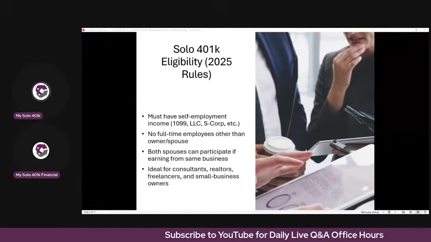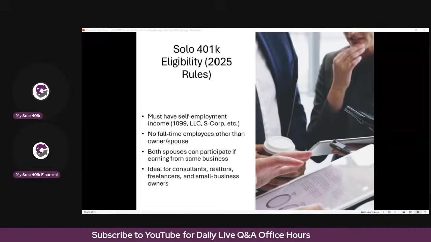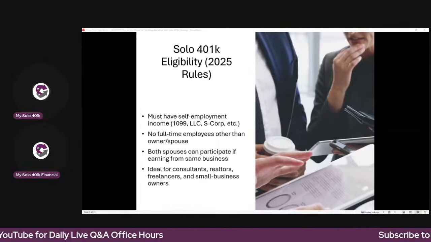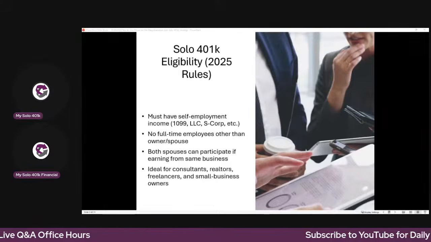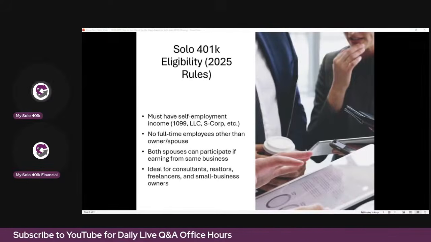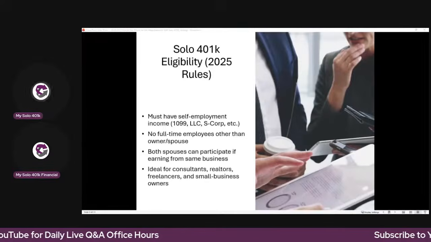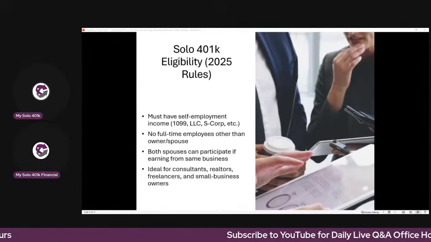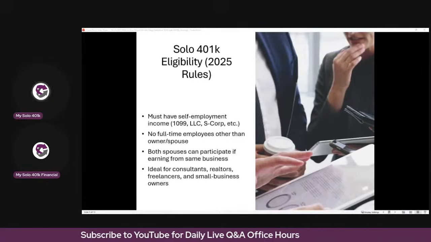Earned self-employment income in that case would be income reported on a W-2 that you receive from your business, taxed as an S corp or a C corp. And then lastly, let's assume that your business is taxed as a partnership. So in that case, earned self-employment income would be income reported on line 14 of the K-1 that you receive from the partnership. So that's the first prong of eligibility, that you're self-employed.